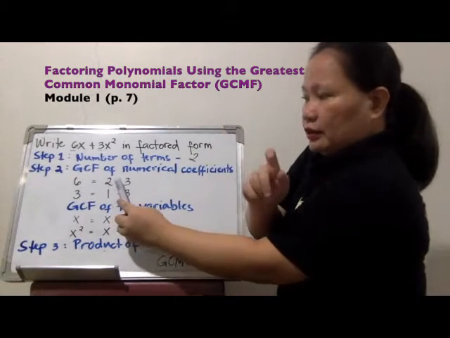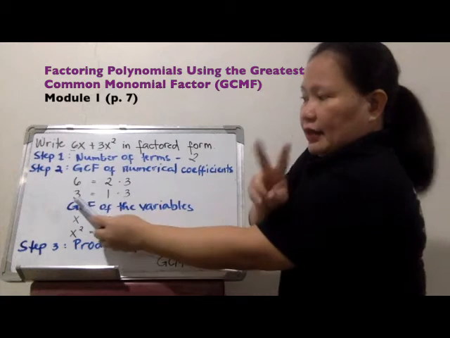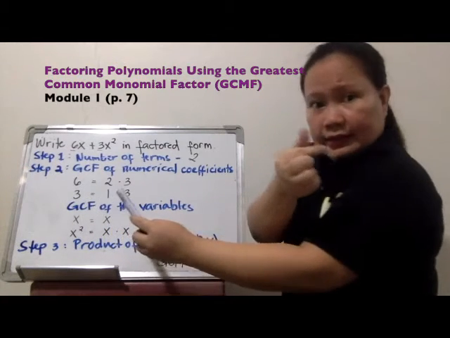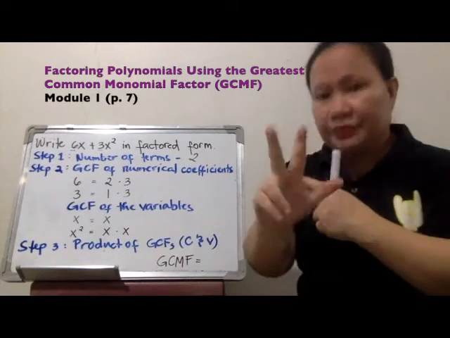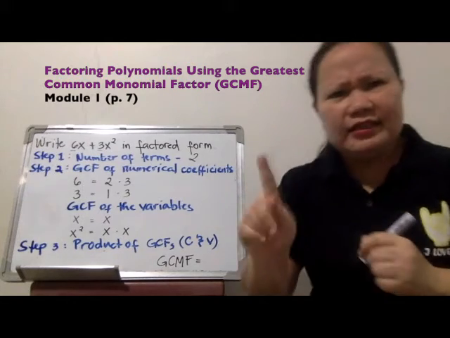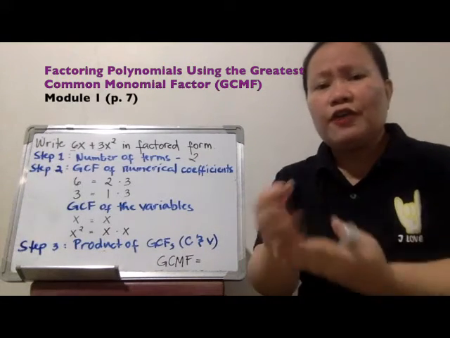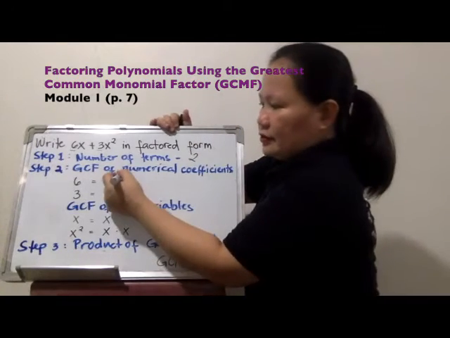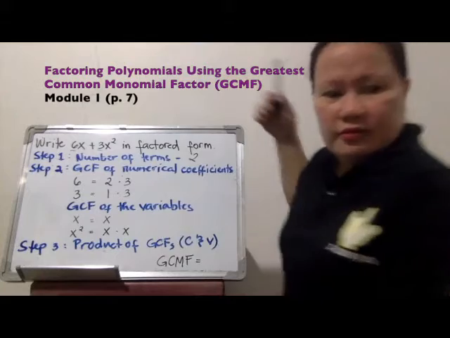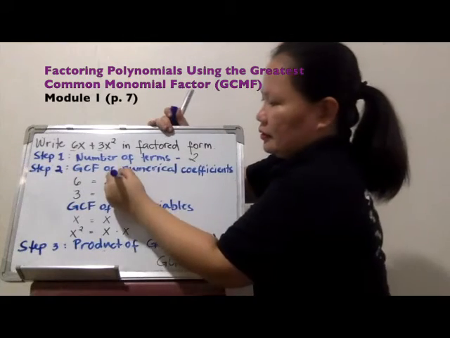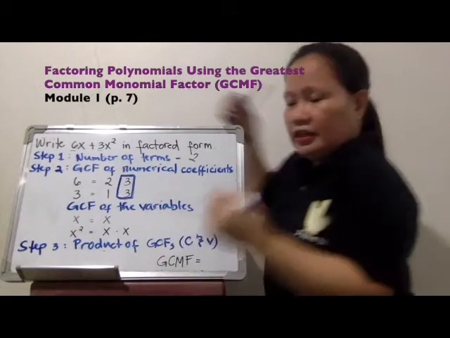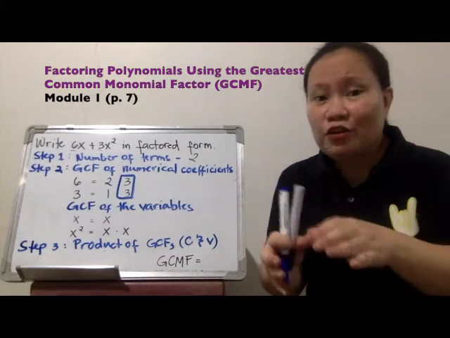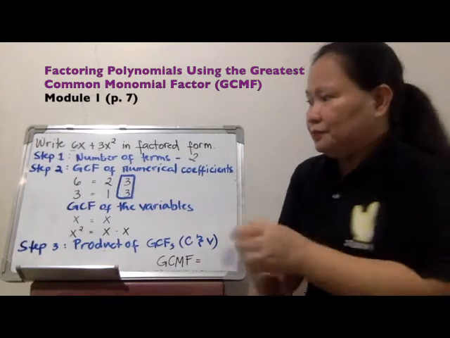It's 2 times 3, and then 3 is 1 times 3. So what is the greatest common factor of 6 and 3? If you can see here, 3 is the greatest common factor. So 3.